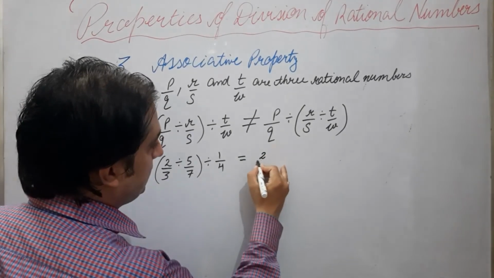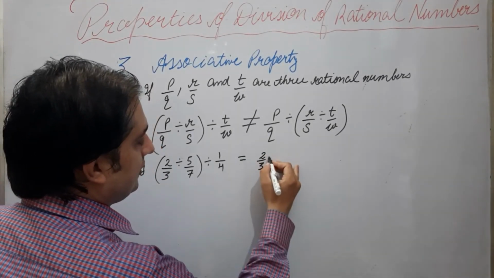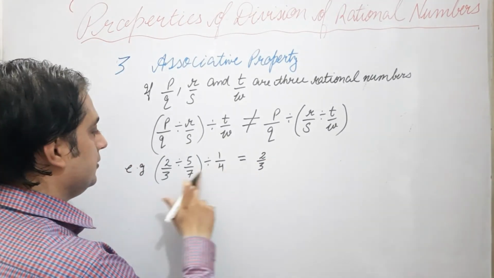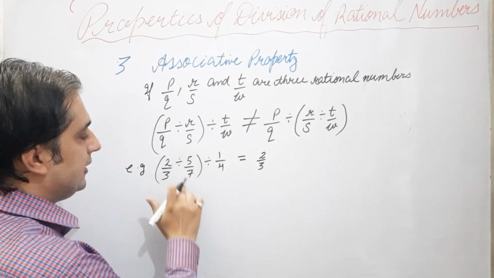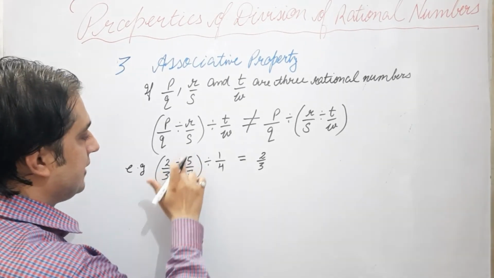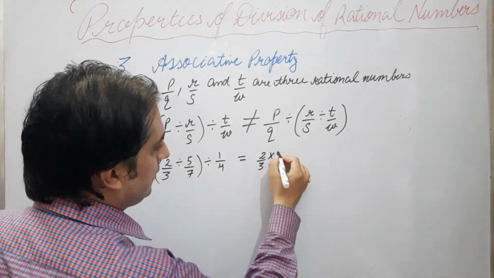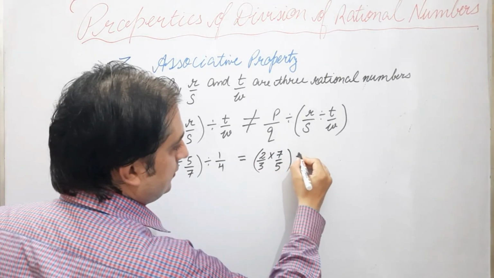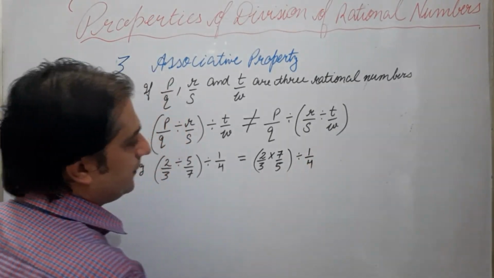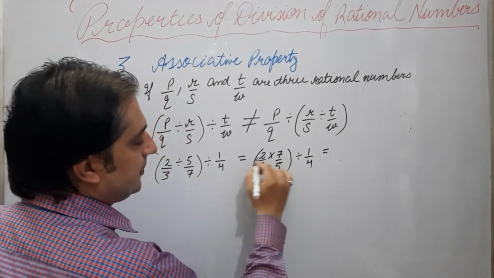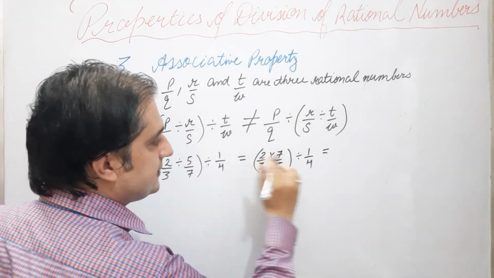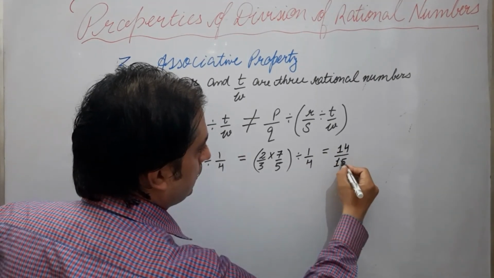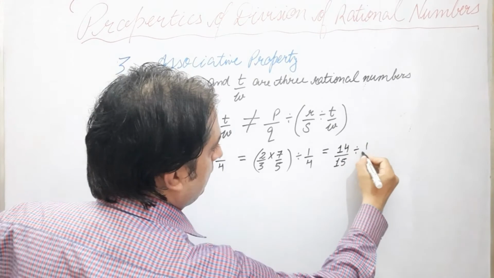You take 2 by 3 as it is, and multiply it with the multiplicative inverse, or the reciprocal, of the divisor. The divisor is 5 by 7, so you take 7 by 5, and write 1 by 4 as it is. Multiply the numerators and multiply the denominators: 2 times 7, 14, 3 times 5, 15, which is again divided by 1 by 4.